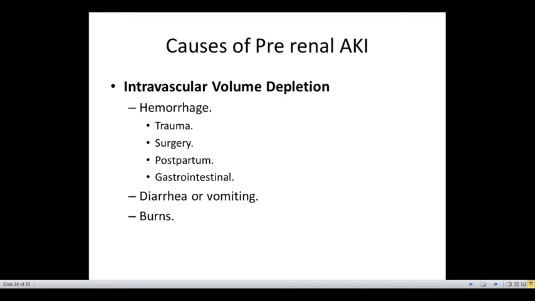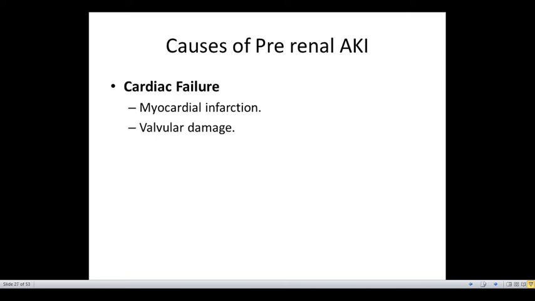Intravascular volume depletion may be due to diarrhea or vomiting or burns. The second cause of pre-renal acute kidney injury is the cardiac failure, which may be because of myocardial infarction or valvular damage.